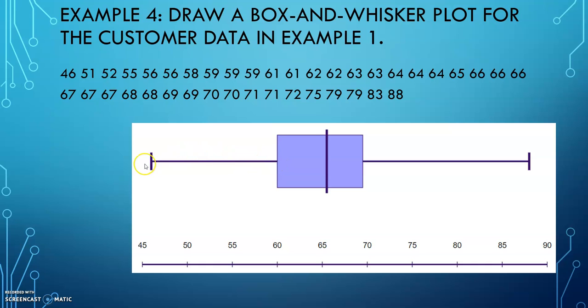From Q1 down to the lowest value of 46, and from Q3 to the largest value of 88, our upper extreme. Q1 is 60, Q2 was 65.5, and Q3 is 69.5.